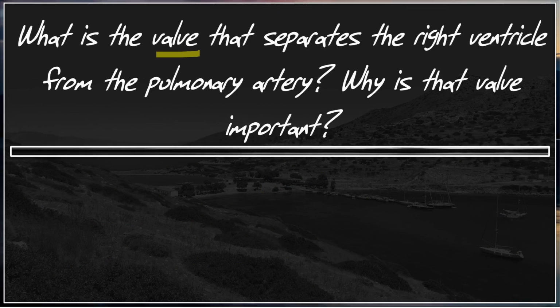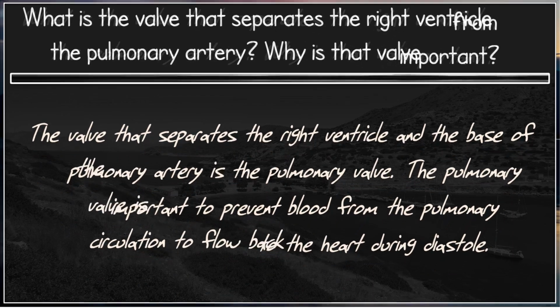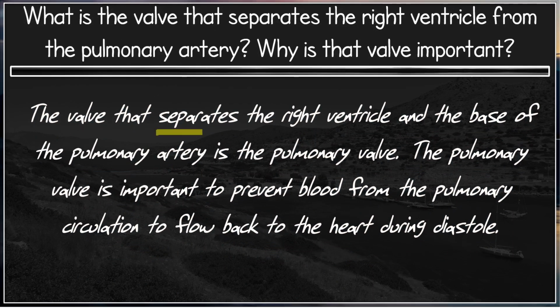What is the valve that separates the right ventricle from the pulmonary artery? Why is that valve important? The valve that separates the right ventricle and the base of the pulmonary artery is the pulmonary valve.